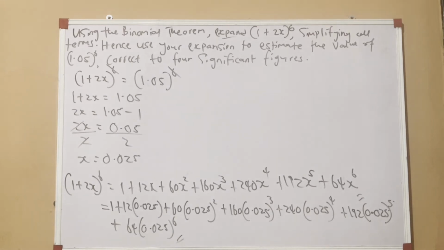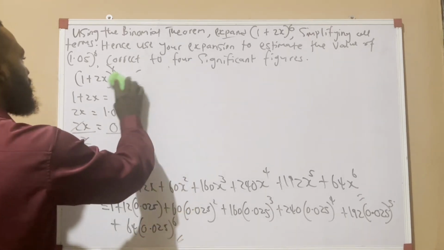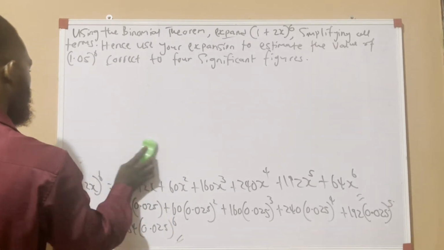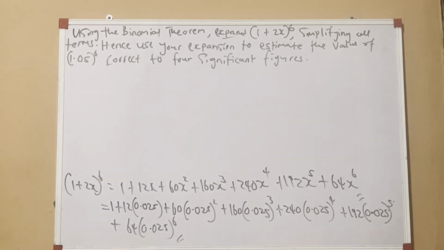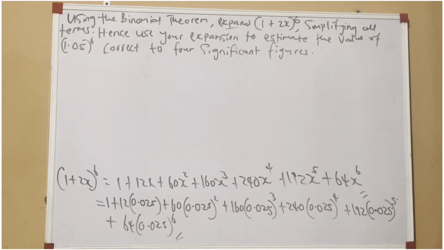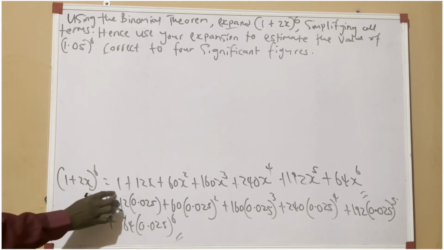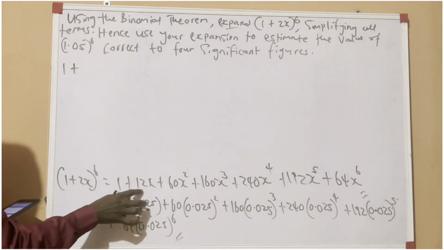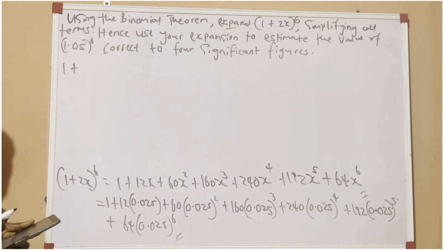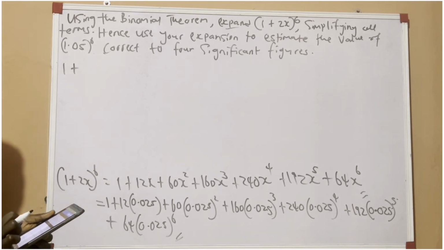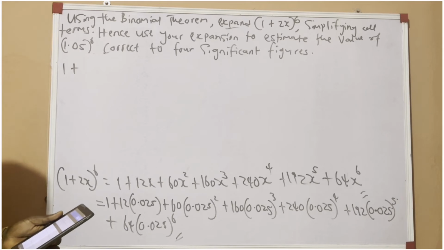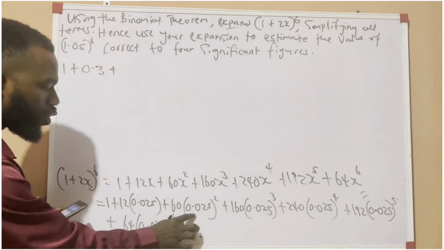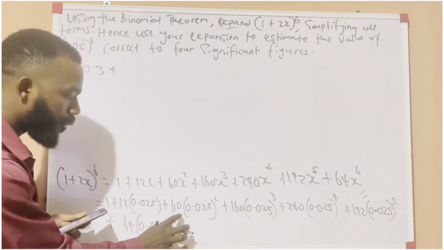All right. Now, if we work with this, this is what we are going to get. Now we have 1 plus 12 into the bracket of 0.025. 12 times 0.025 gives us 0.3. Plus, now you're going to do 0.025 raised to the power 2 first before you multiply by 60.